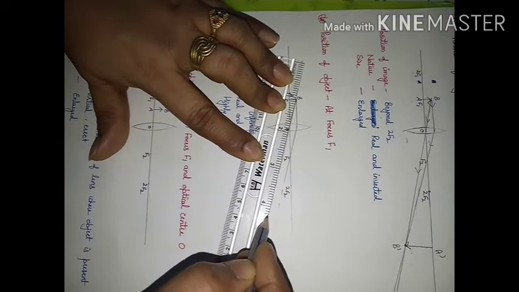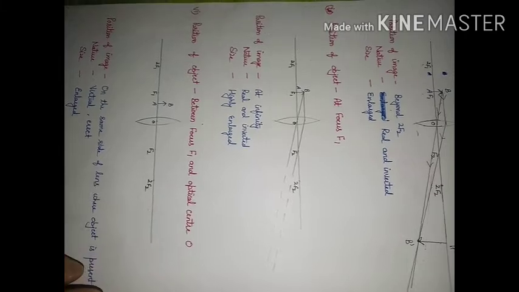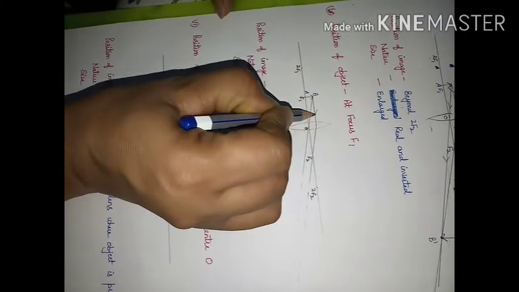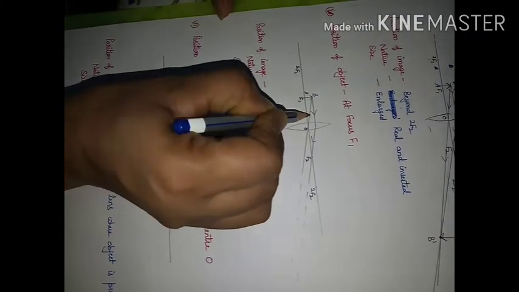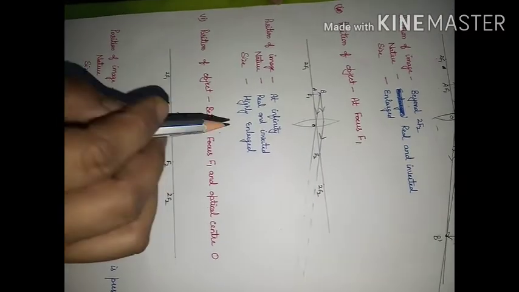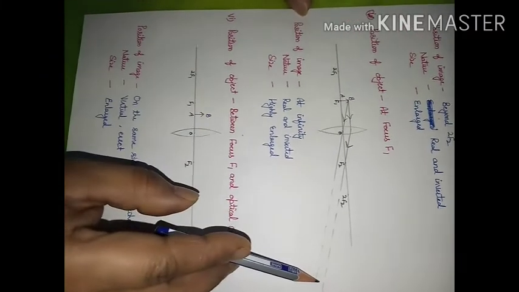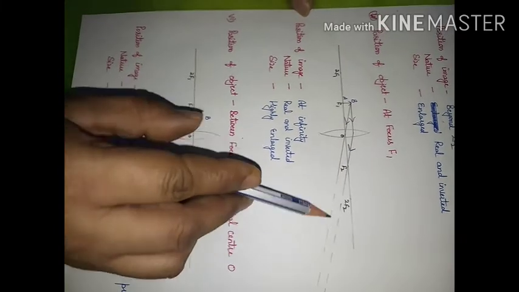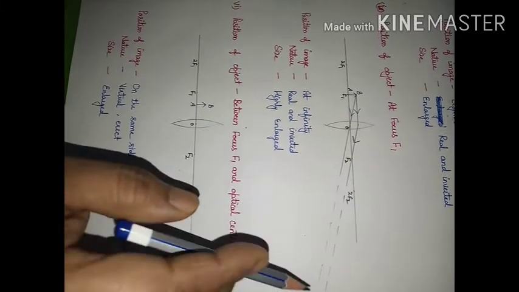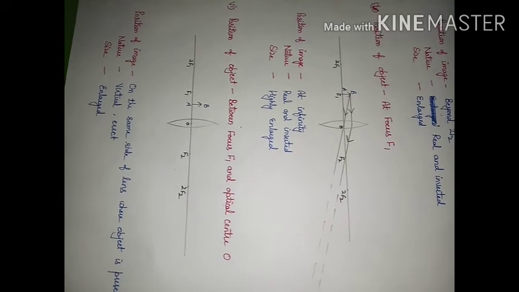So we will consider that these rays will meet at infinity. Arrow will be this one and this one. So when the object is kept at focus F1, image formation will be at infinity. These dotted lines are showing that they will meet at infinity, and size will be highly enlarged.